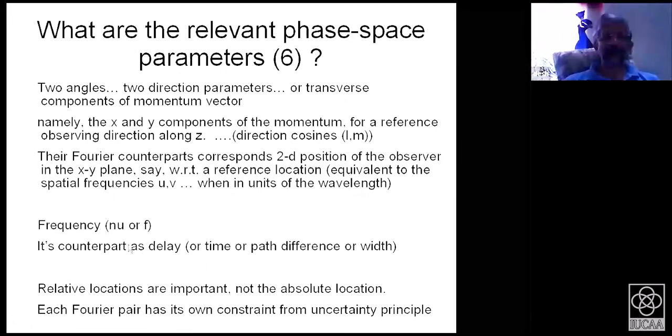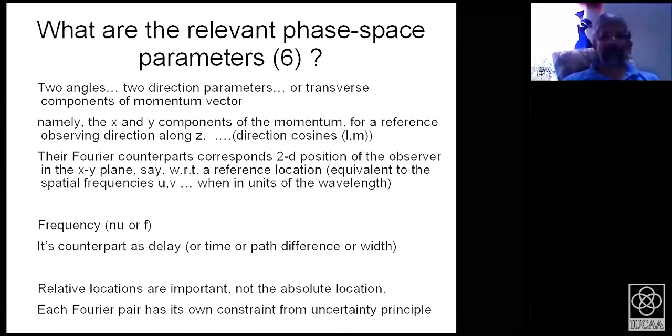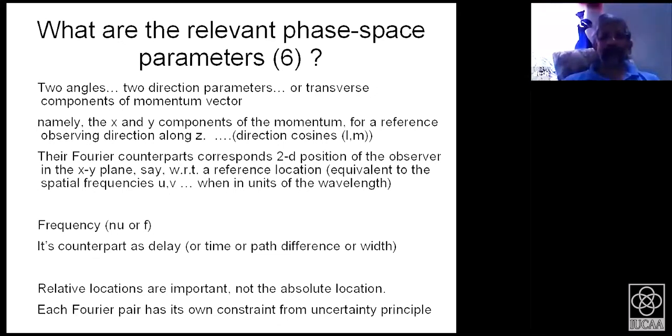But they are inversely related to each other. And so these are the phase space parameters we are talking about. And all the constraints that we will invoke and the compactness considerations that we'll have will be referring to these six parameters.